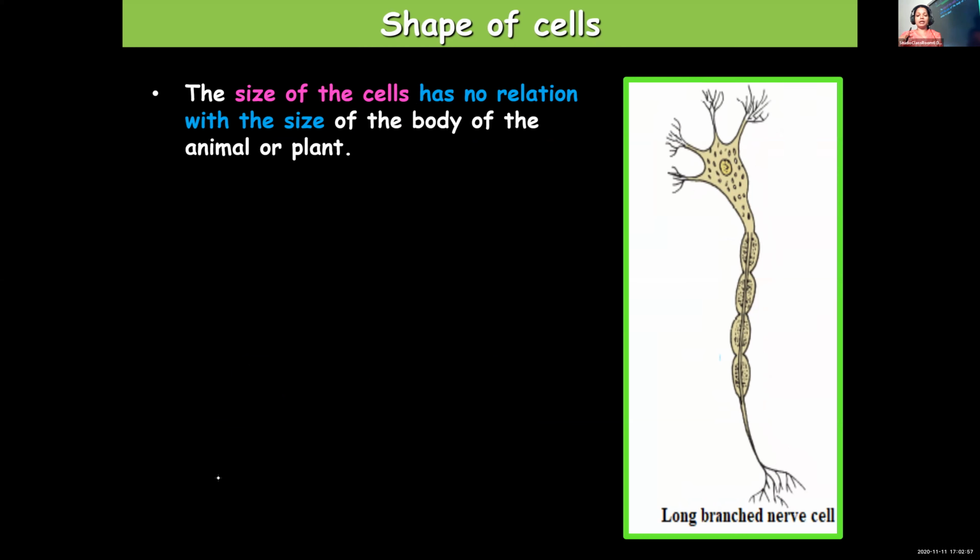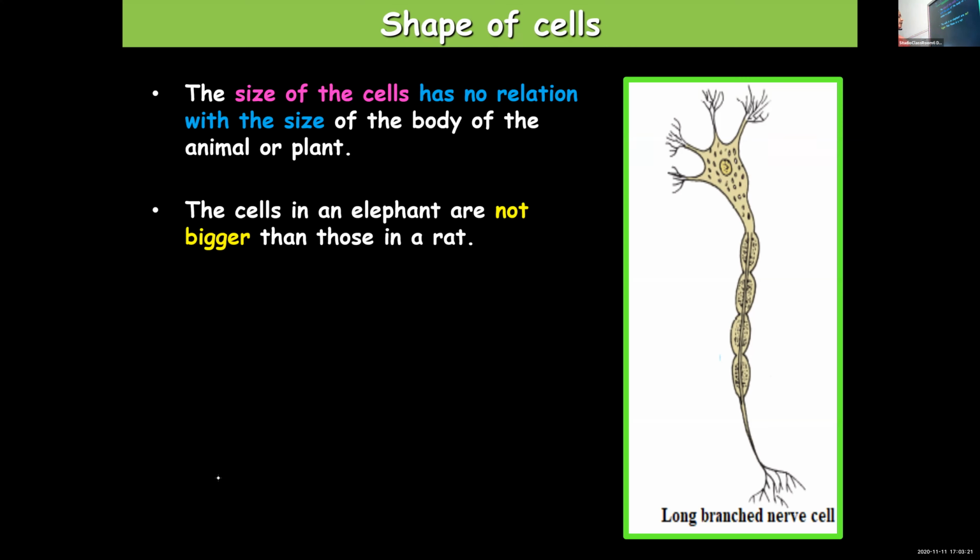The entire size of your body can be big or small depending upon the number of cells, not the size of cells. So depending upon the size of the organism, whether it is an ant or an elephant, the number of cells can be different, but the size of the cells will remain more or less the same. The cells in an elephant are not bigger than those in a rat.